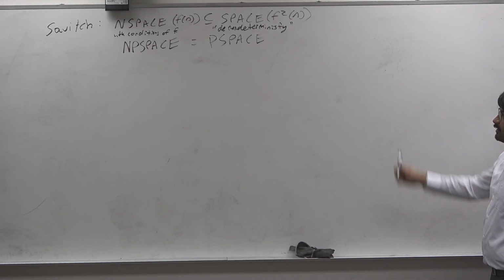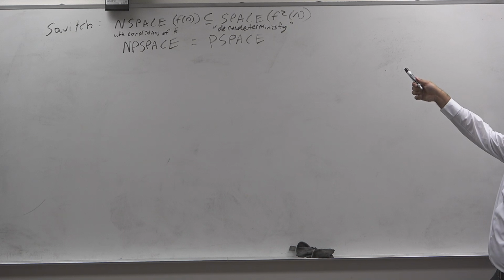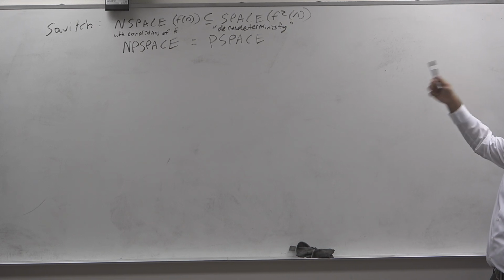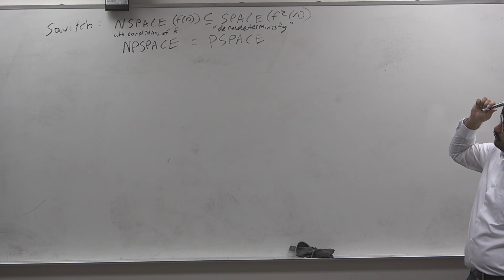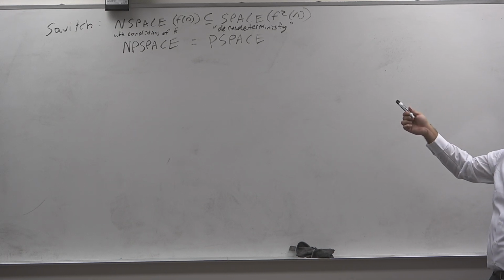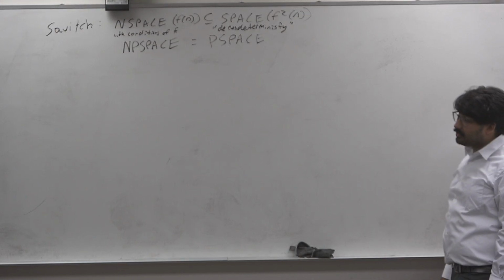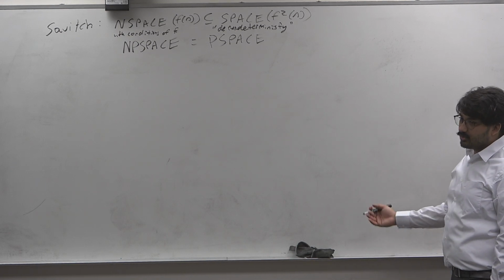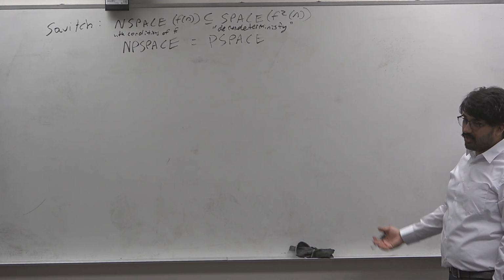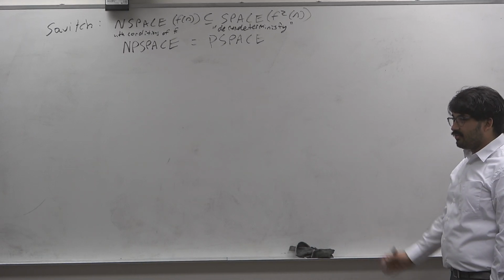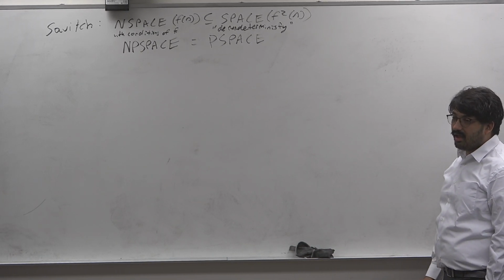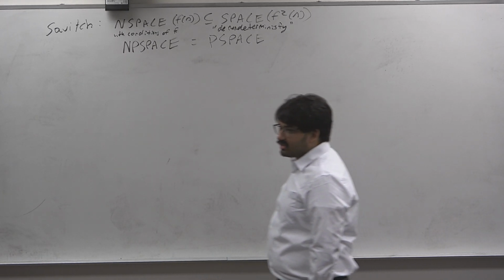Could we apply whatever technique we're going to use to show this containment to time instead of space? The answer should be no. Why? Someone else would have figured it out already. If they had, we wouldn't be talking about this, right? So from that kind of inference, we can say that it probably doesn't apply to time complexity, but only to space complexity.